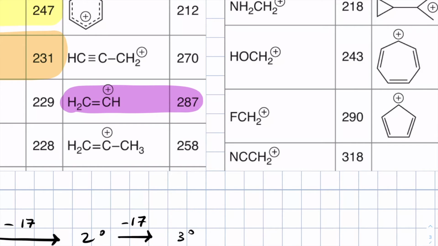And this might reflect the fact that, I'm going to cross out this hydrogen and draw a carbon-hydrogen bond, we would expect this carbon to be roughly sp hybridized. You've got a more electronegative carbon there where you've got a positive charge, and that's destabilizing, so hydride affinity will be higher.